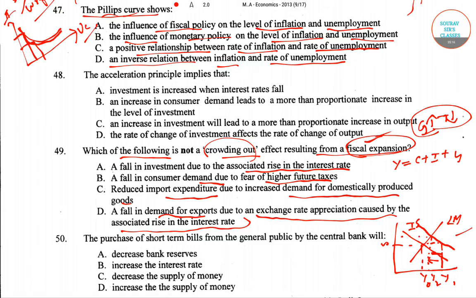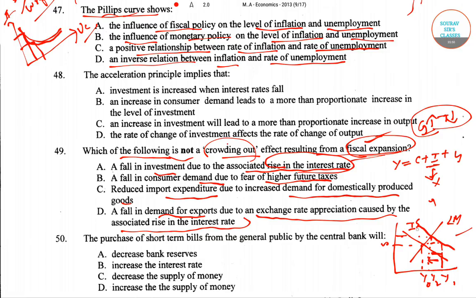Now in the options, it is asked which is not a crowding out effect resulting from a fiscal expansion. A fall in investment due to an associated rise in interest rate. Now, as you can see, the interest rate has increased.